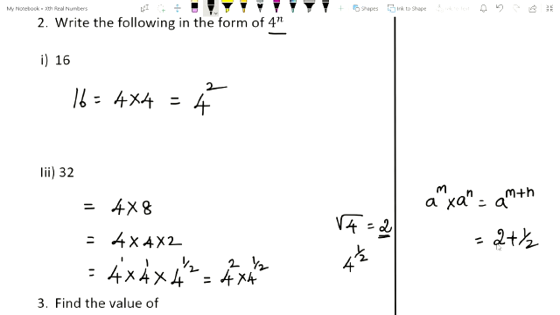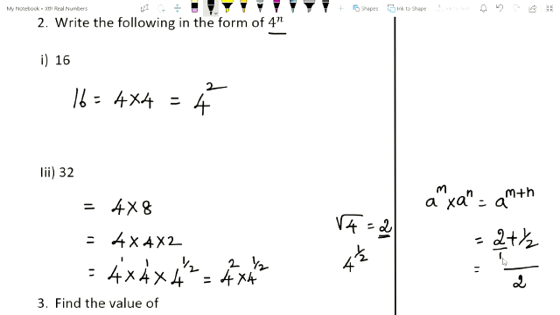So one is a whole number, another one is a fraction. So we have to take LCM. Here the denominator is 2, so take it 2. Here the denominator is 1, so I want to convert it into 2. So I have to multiply with 2.